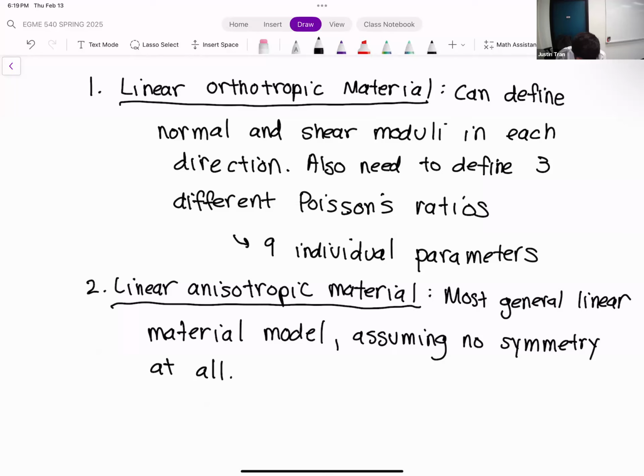So these are exceptionally rare. In fact, I can't even think of a practical situation where you would use an anisotropic material, just because it's so cumbersome. Because if an orthotropic material has 9, an anisotropic material is going to have a lot more than that. The number of parameters that an anisotropic material has is 27.